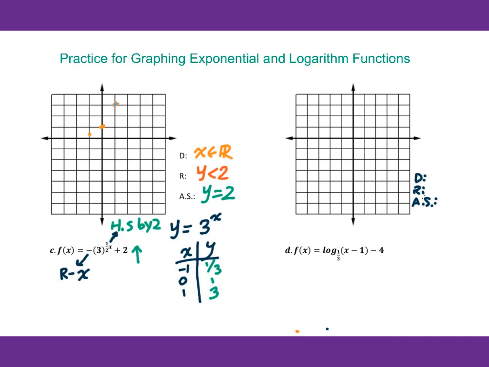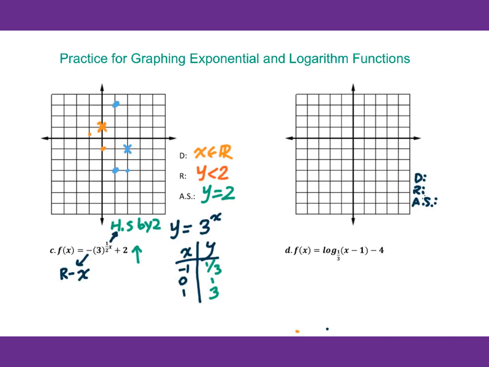Therefore, for this point, reflect across the x-axis, go here. Then your x coordinate is multiplied by 2, go here. Go up 2, go here. For this point, reflect across the x-axis, then horizontally stretch by a factor of 2. X coordinate multiplied by 2, still here, then go up 2.